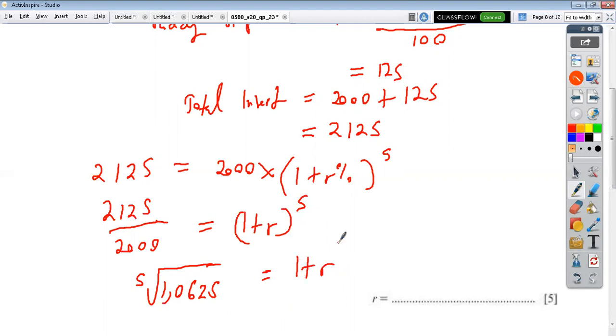Then take this to the other side. So your r is equal to the fifth root of 1.0625 minus 1, like this. What do you get?